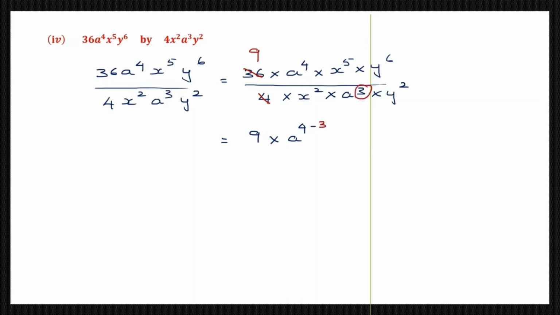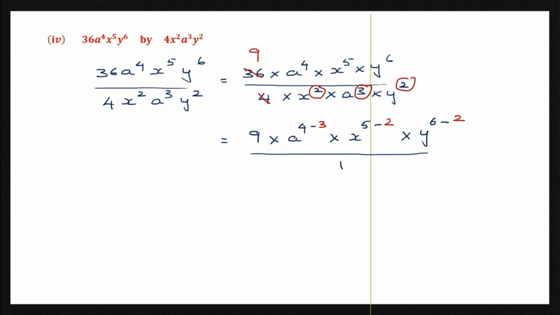So minus 3 into x to the power of 5 minus, here x we have 2 minus 2 into y to the power of 6 minus, and here we have 2, 6 minus 2. So in the denominator we don't have anything except 1, it's just 1.